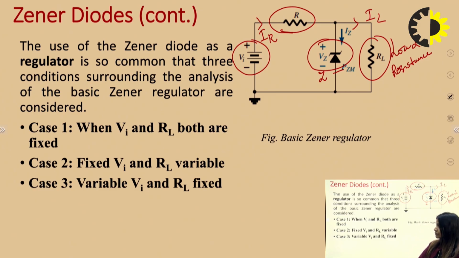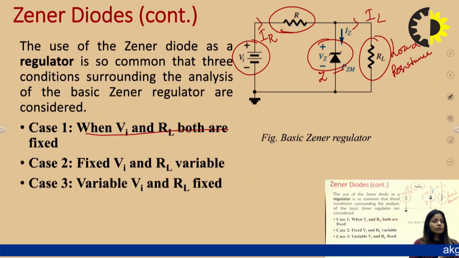In this video lecture, we will discuss case 1 when Vi and RL are both fixed. This is a very simple kind of question that can come for this case, and it is very easy to analyze.